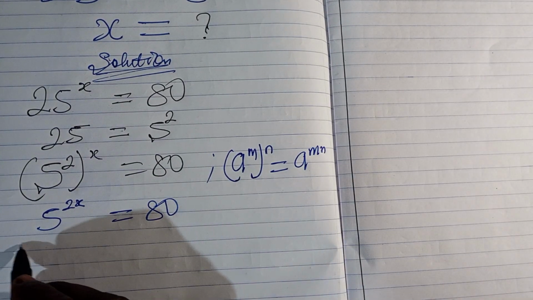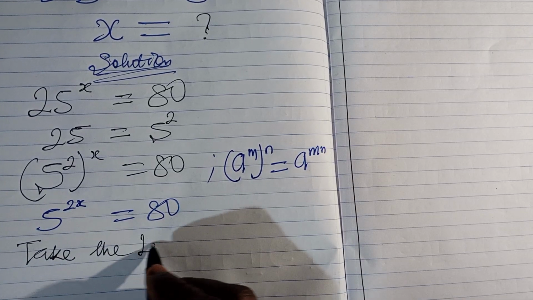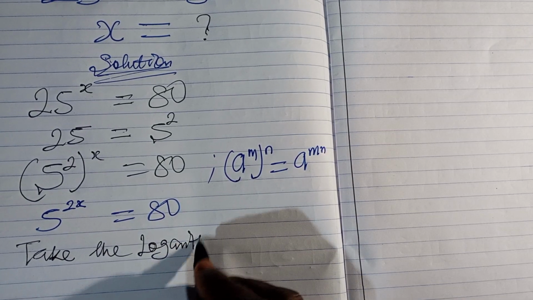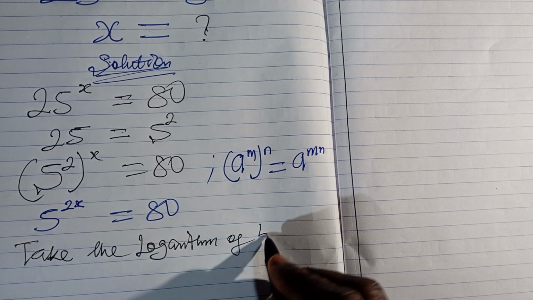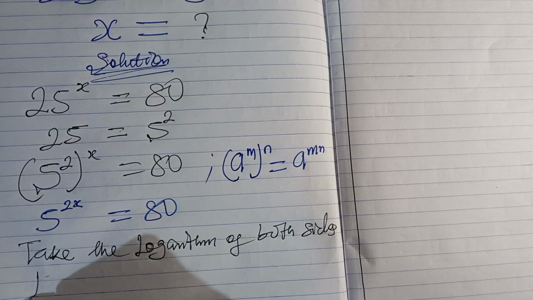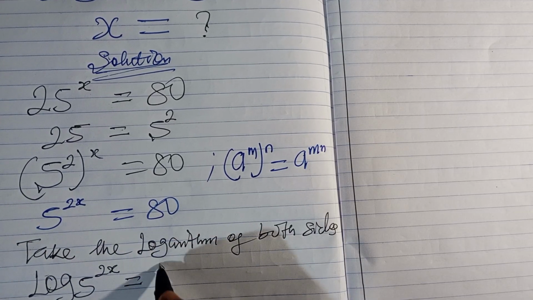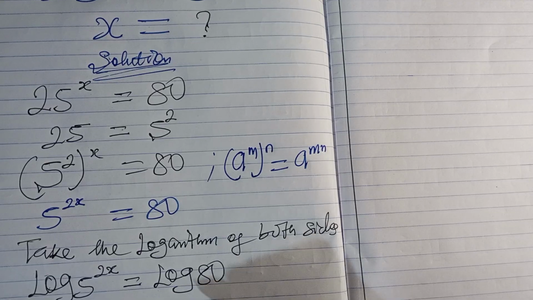So we are going to take the log of both sides, take the logarithm. So I'll have log 5 raised to power 2x is equal to log 80.